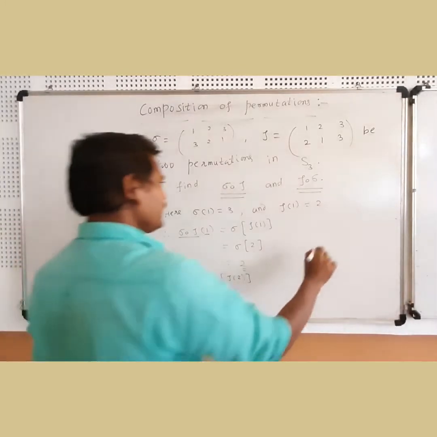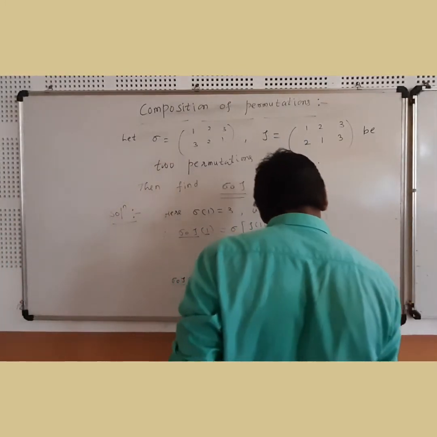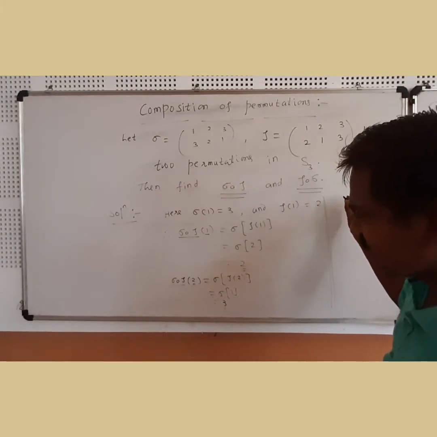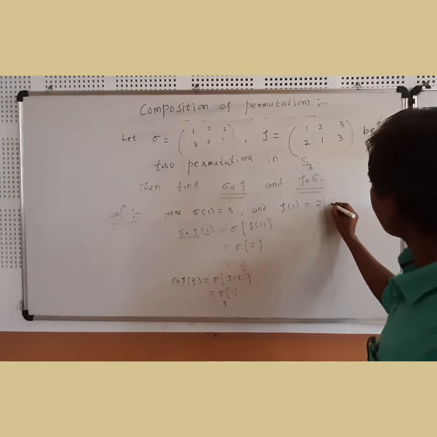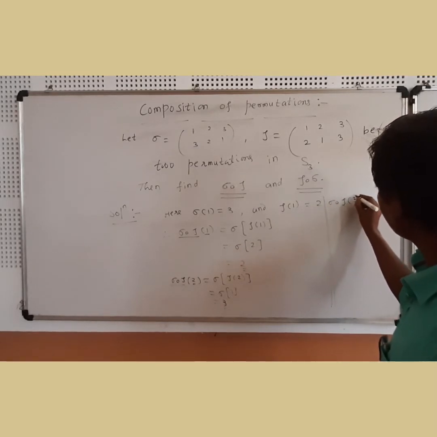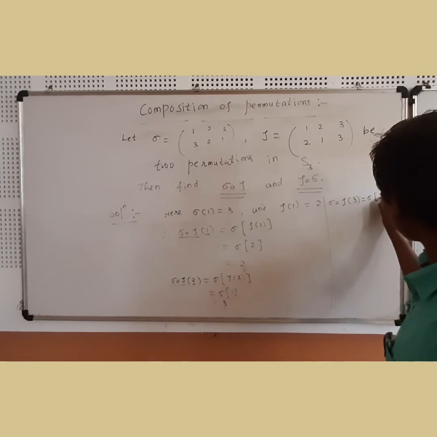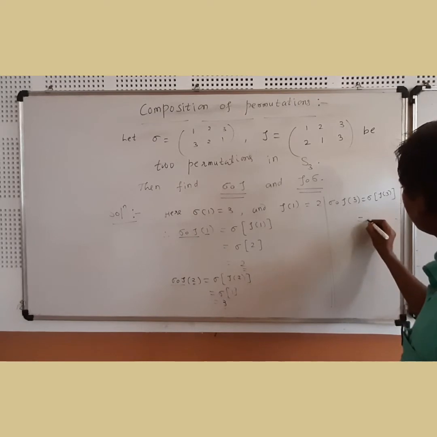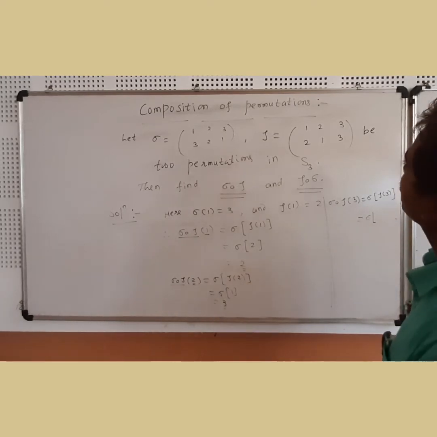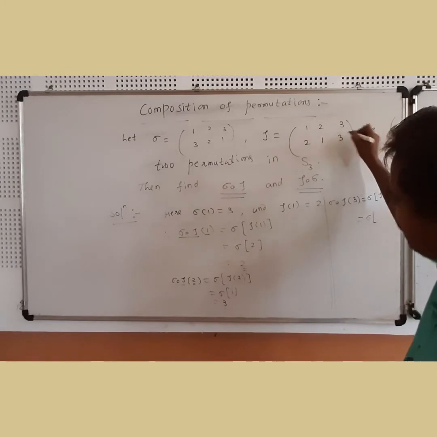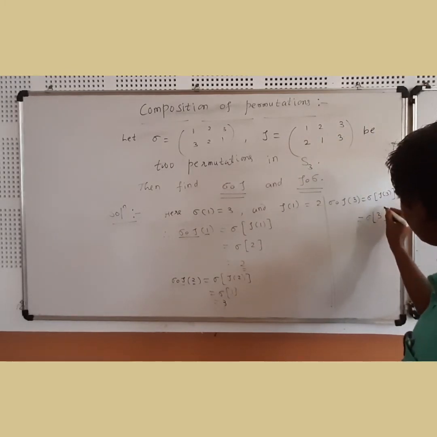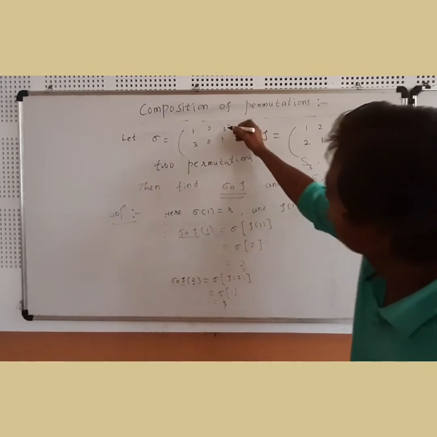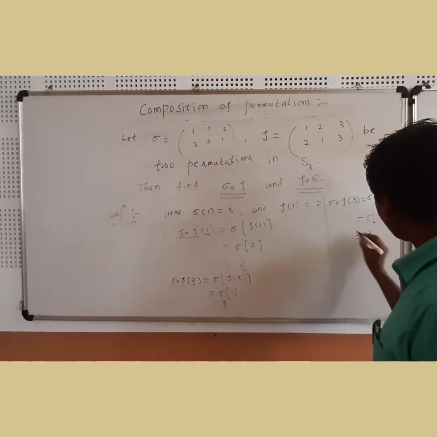Now we can calculate the image of the last symbol, 3, under the permutation sigma circle tau. Sigma circle tau of 3 is equal to sigma of tau of 3. What is tau of 3? Tau of 3 is 3. So this is sigma of 3. Sigma of 3 is given as 1. So this is 1.